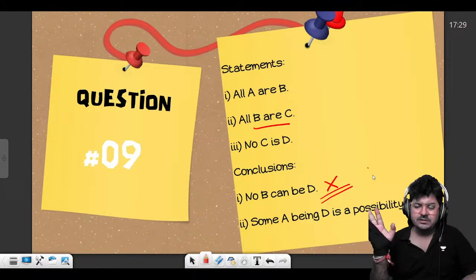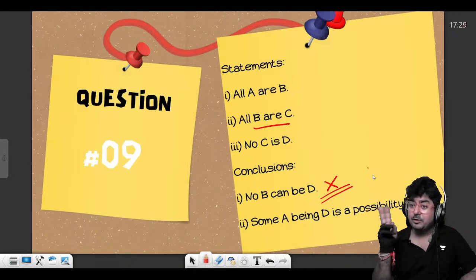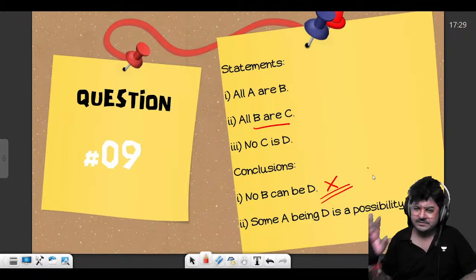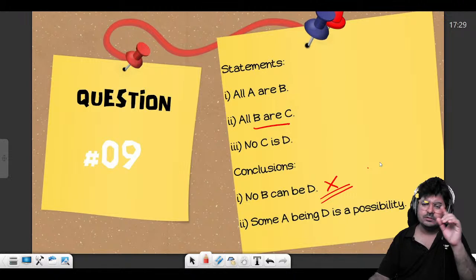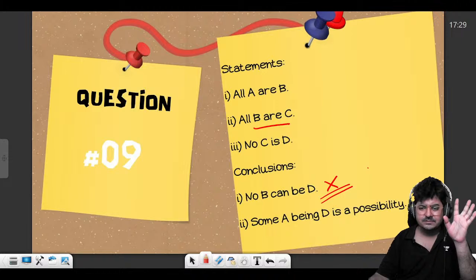B is not D. That is a fact, not a possibility. Can be means possibility. So first is false. If they had written no B is D, then it would be correct. But they have said no B can be D. Okay. So I hope you are understanding this. The first is false. My mistake.